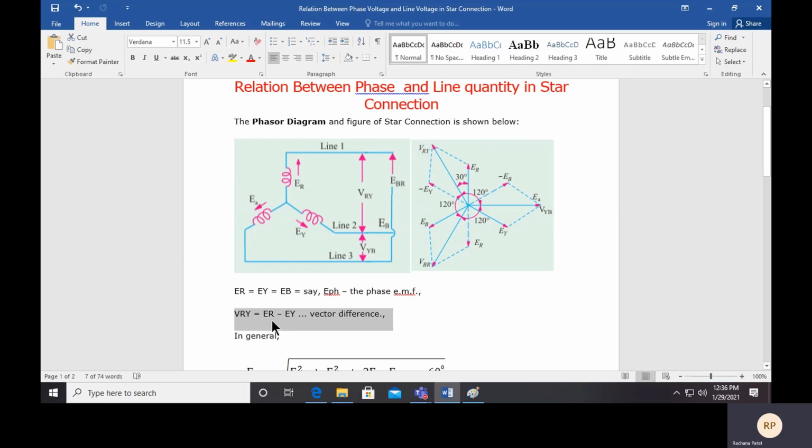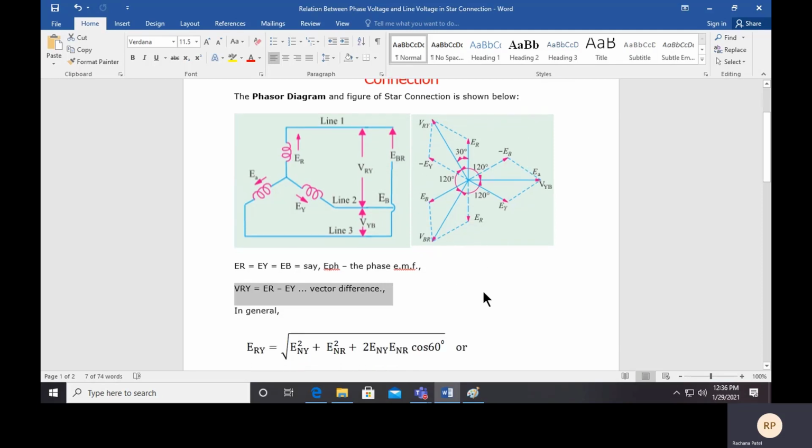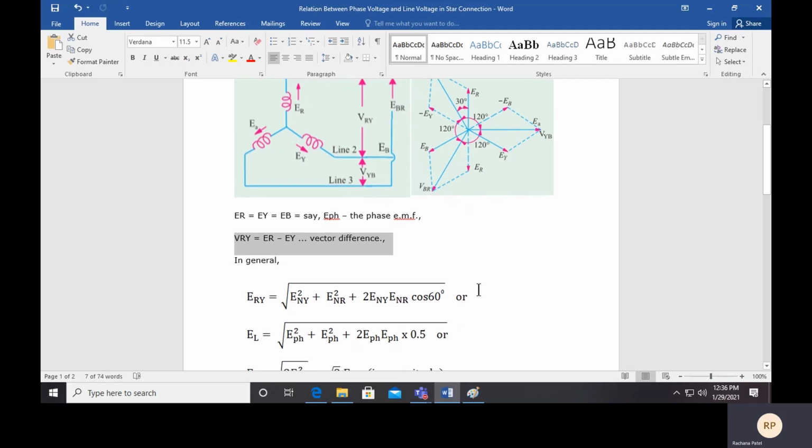So this is the equation and this is the representation by means of vectors. In the same way we can represent VYB and VBR. Once we have the phasor diagram ready, we can go on to further mathematical analysis.